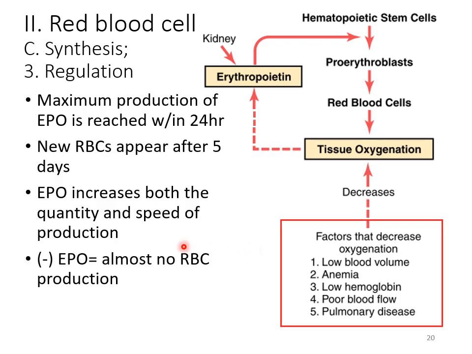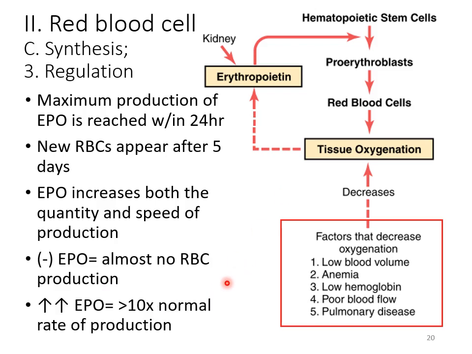If you do not have any EPO, there's almost no RBC production. That's why we mentioned before that severe kidney disease could lead to severe anemia. And if you have an excess amount of EPO, that could increase the normal rate of production to more than 10 times the normal rate.